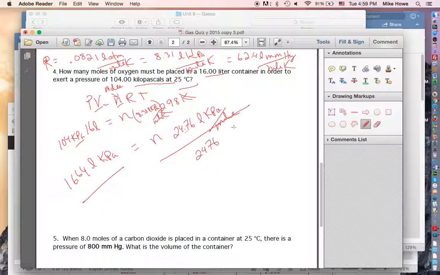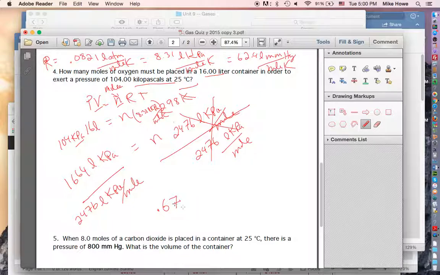You divide by the number with the variable, so liter kilopascals per mole. Everything cancels over here. I forgot to put the number in. 2476 goes there. Okay, so I get 0.67.